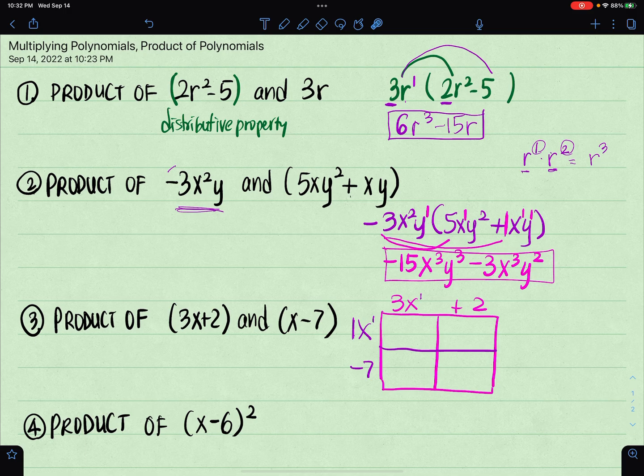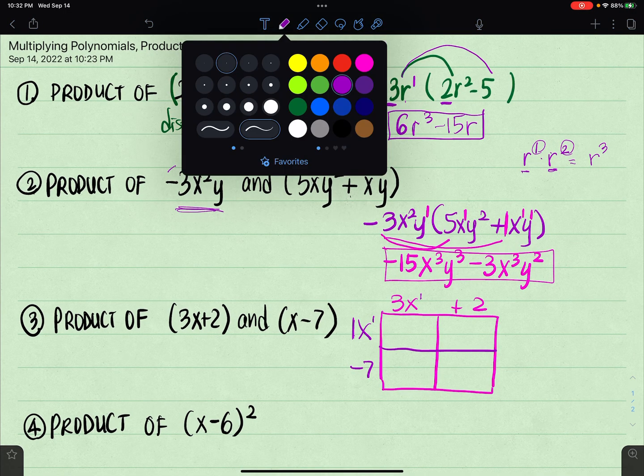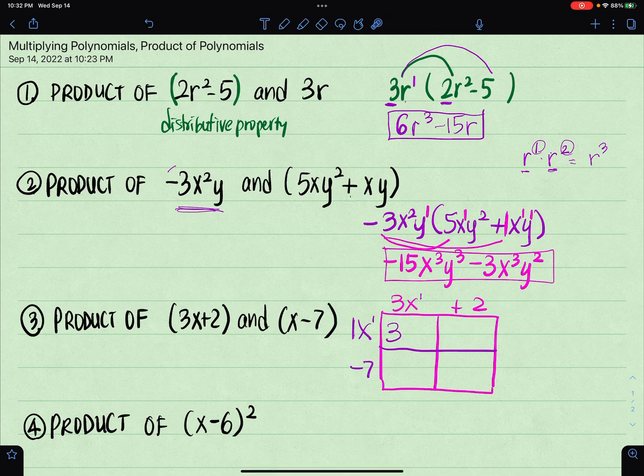We multiply. 1 times 3 is 3. x to the first times x to the first is x squared. 1x times 2 is positive 2x.